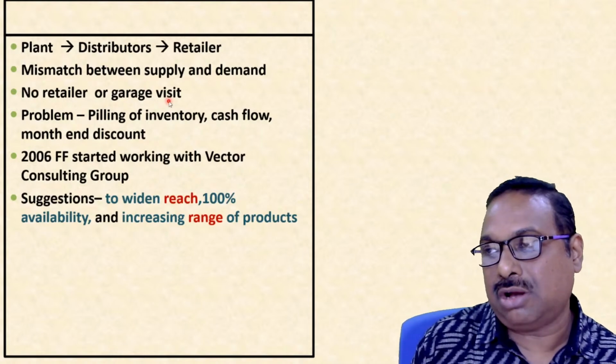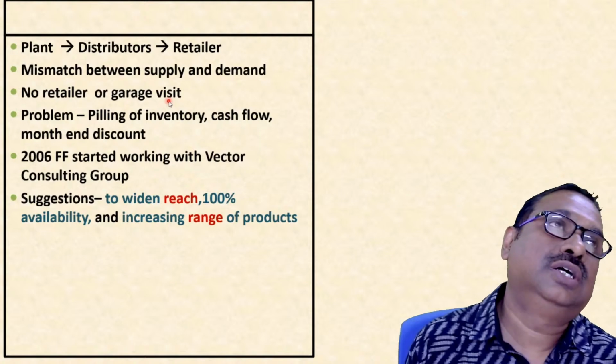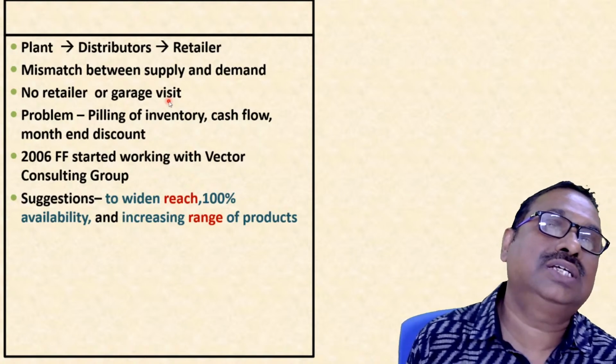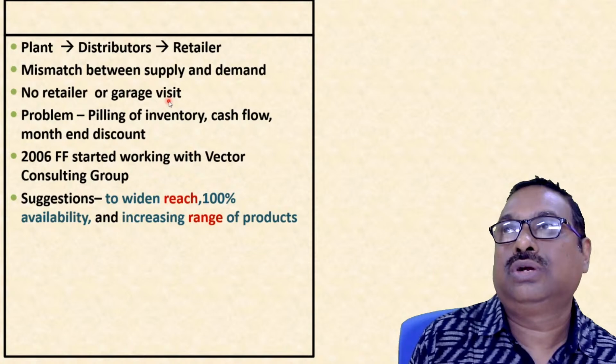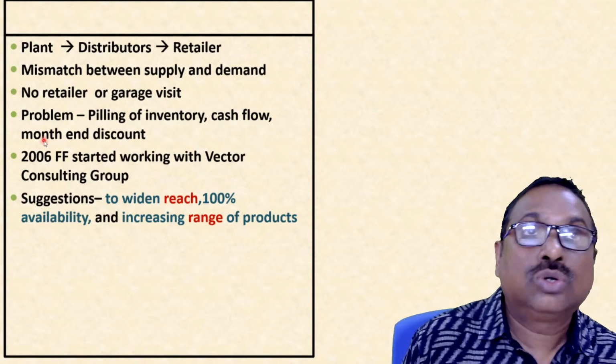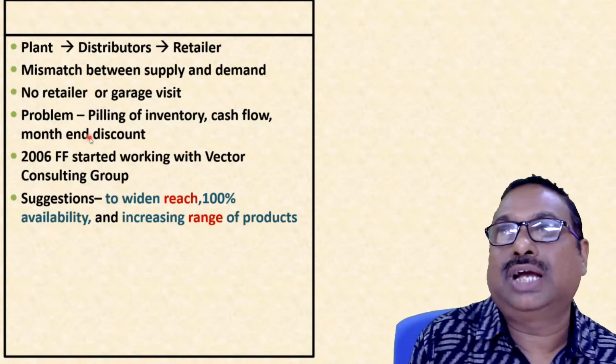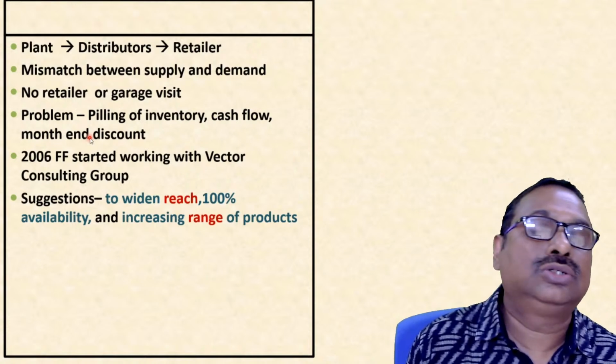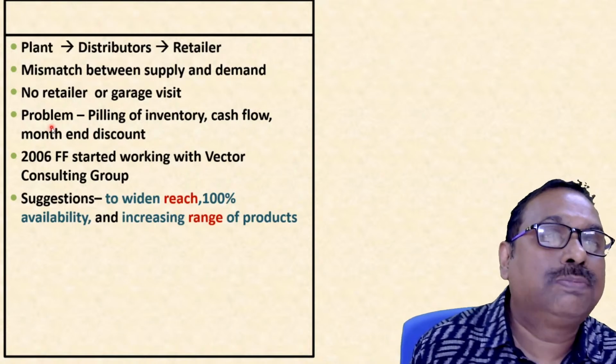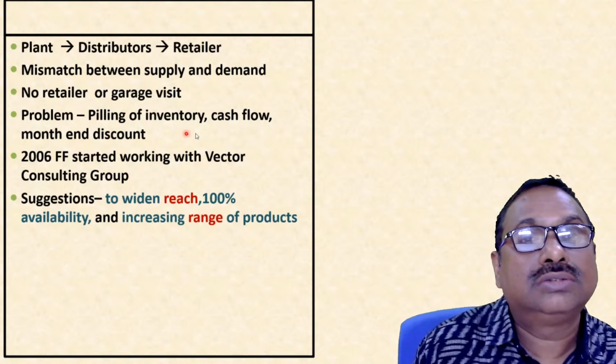The salespersons of Fleetguard used to sit in the distributors' premises and get the orders. So there was no actual feedback. The company was not able to get actual feedback. So the problem is piling of inventory and less cash flow.